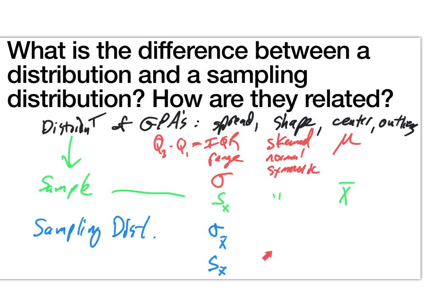And the sampling distribution will follow the sample size, which will follow the population size to a point. So if my sample sizes are small, my sampling distribution will be very similar to the population distribution.